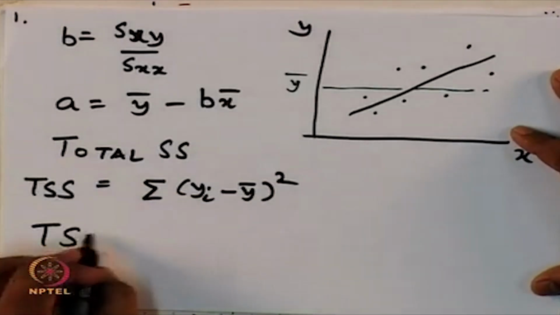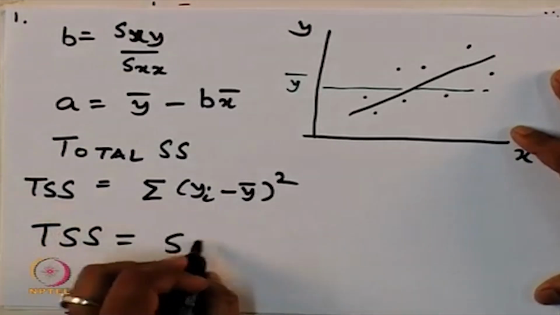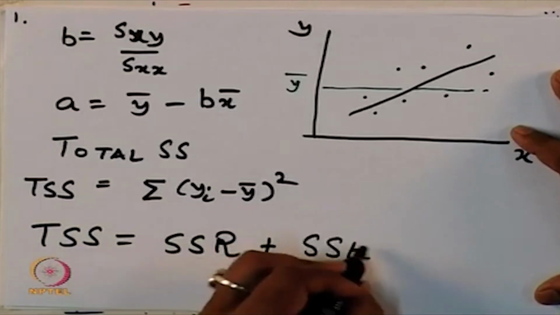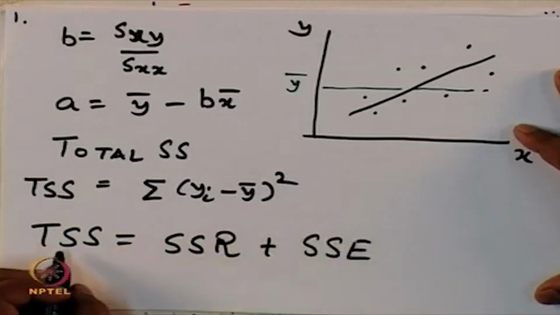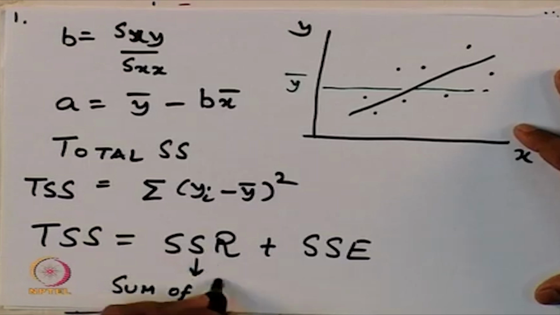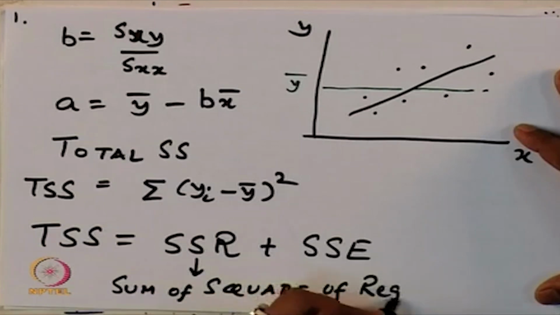So, you want to break down TSS into two components. Okay. So, TSS has a component of sum of squares of regression. Okay.